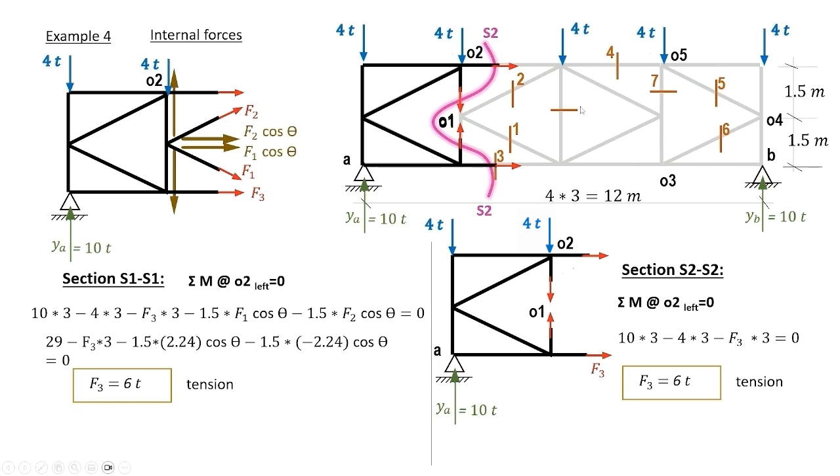Of course, to compute the force in this vertical member in the center, we must have those two members. If the truss is symmetric, the member we are pointing at here equals member 2. If not, then we will consider the K here and compute those two inclined members and take at the upper joint here sigma forces in the y direction equal 0.